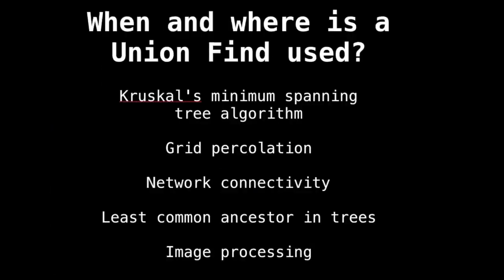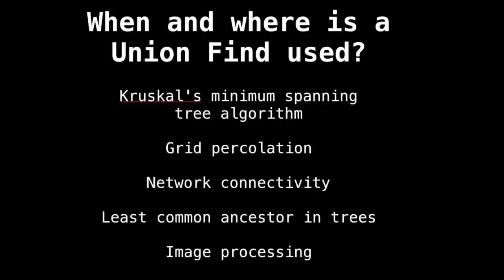So where are other places that the union find is used? Well, we see the union find again in Kruskal's minimum spanning tree algorithm. In another problem called grid percolation, where there's a bunch of dots on a grid, and we're trying to see if there's a path from the bottom of the grid to the top of the grid, or vice versa.